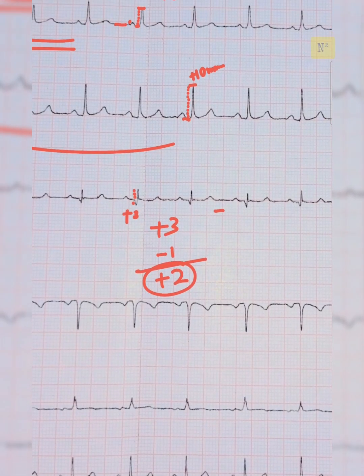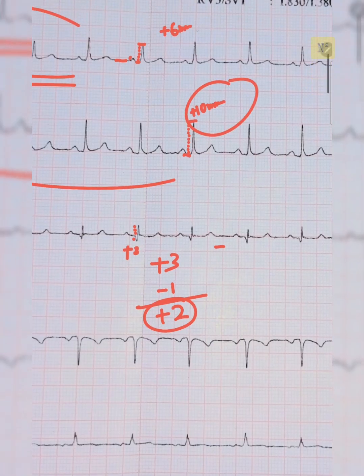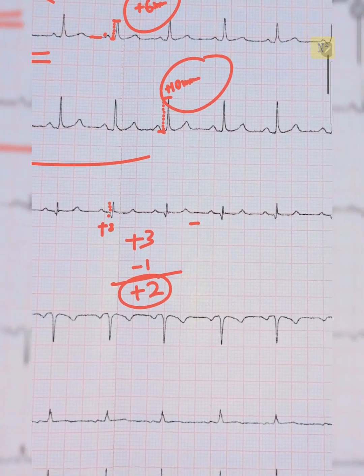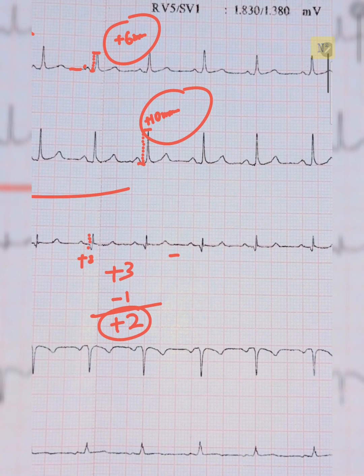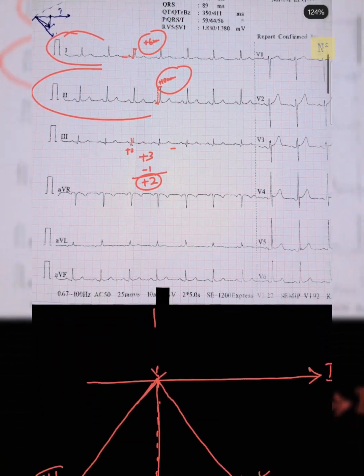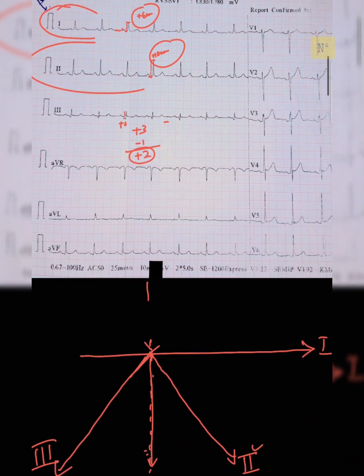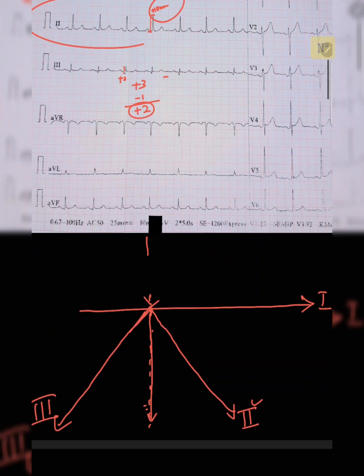Now you have to plot these values on the graph to get the mean QRS complex. Let's take lead 1. Now since we have calculated in the lead 1 the plus 6 millivolt, supposedly you are plotting it on a graph paper, the hexagonal system, so obviously there should be some markings depicting the x-axis, and there will be some markings depicting the y-axis also.